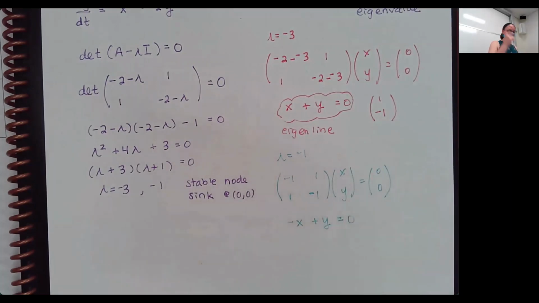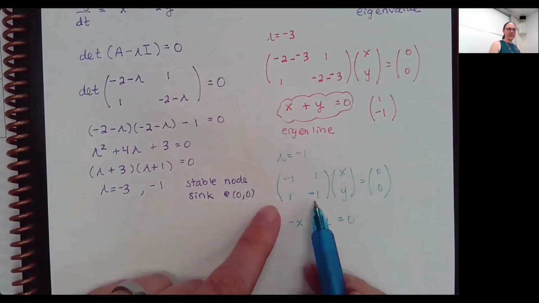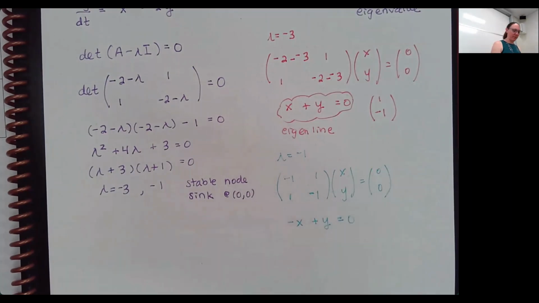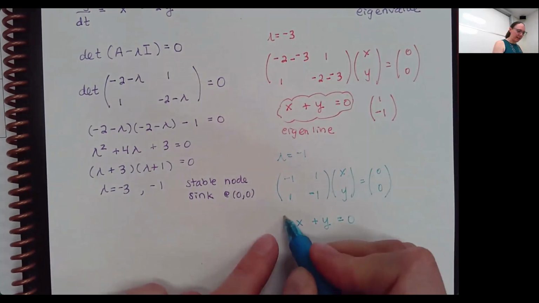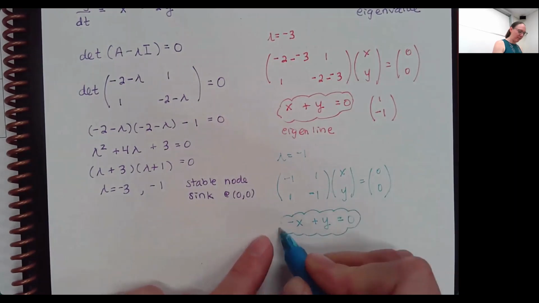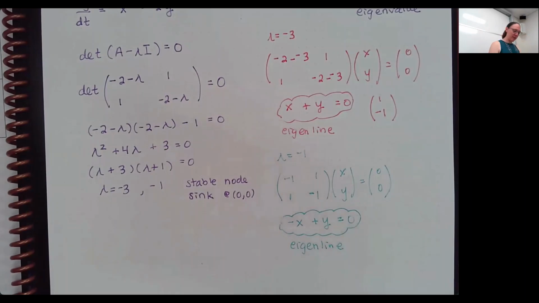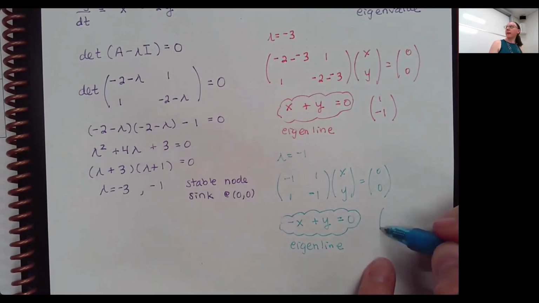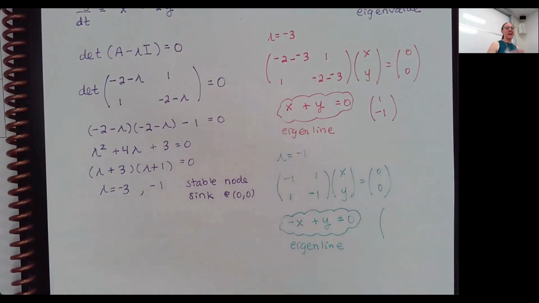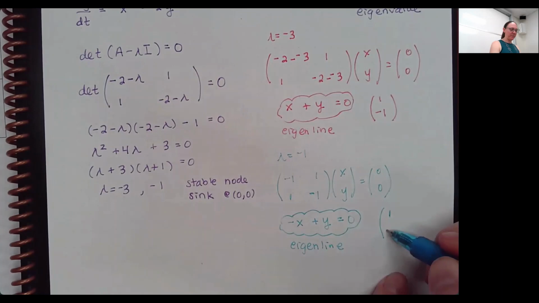Or if you want to write the second line, x minus y is equal to 0. Same thing. This is my equation for the eigenline. And if I choose an eigenvector, never unique, every value of x you want to plug in is equally good. I'm going to choose to plug in 1 for x, and that's going to mean that y has to be also 1.